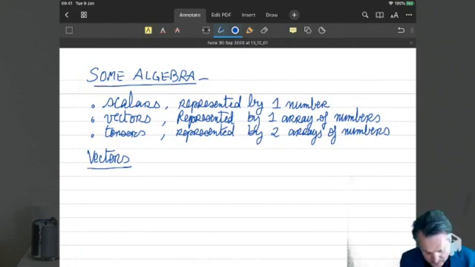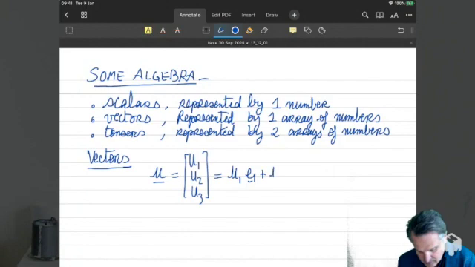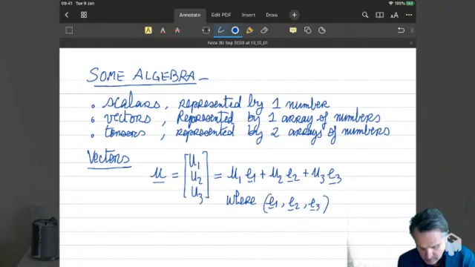We write vectors, say vector u, in a three-dimensional space, as an array of three numbers, u1, u2, u3, usually vertically, or we can write it like this, u1 e1 + u2 e2 + u3 e3, in an orthonormal vector basis.